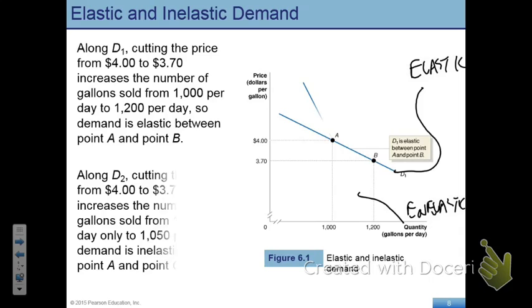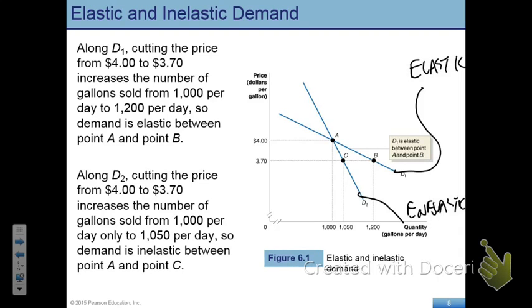First of all, coming back to the graph that I talked about a little bit before, you can see that in D1, for a given change in price from $4 to $3.70, which is like a 30-cent decline, your quantity demanded increases from 1,000 to 1,200.